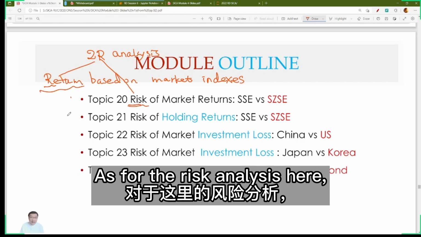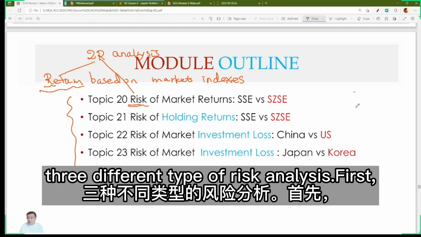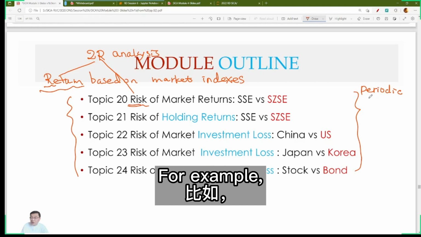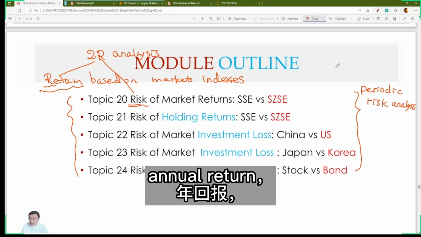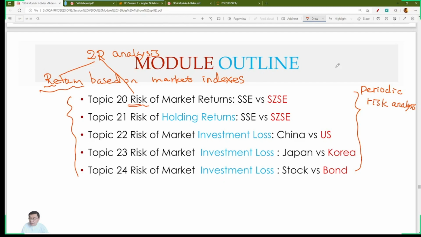As for the risk analysis here, we actually have 3 different types of risk analysis. First, we have the normal or ordinary periodic risk analysis, for example, annual return volatility. Here, the risk refers to the uncertainty of return.